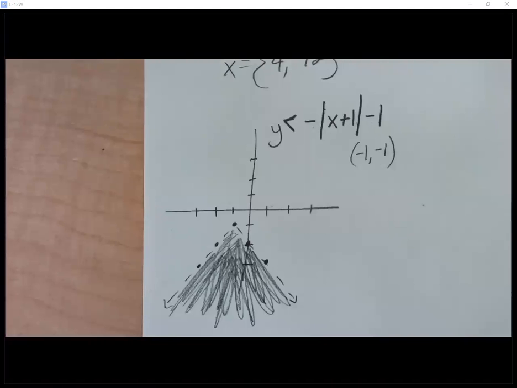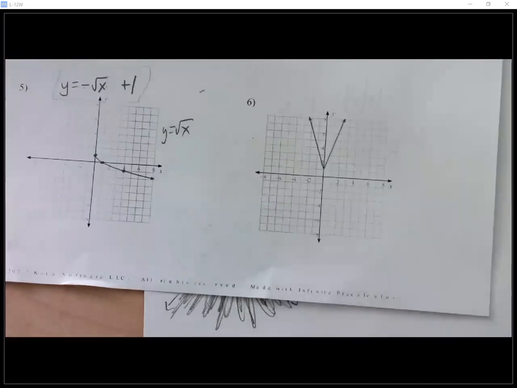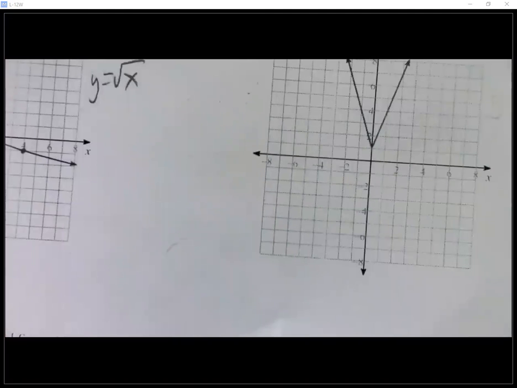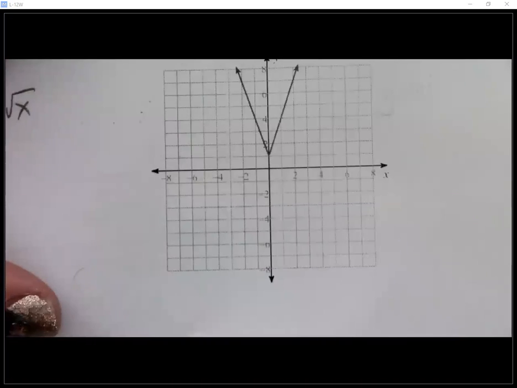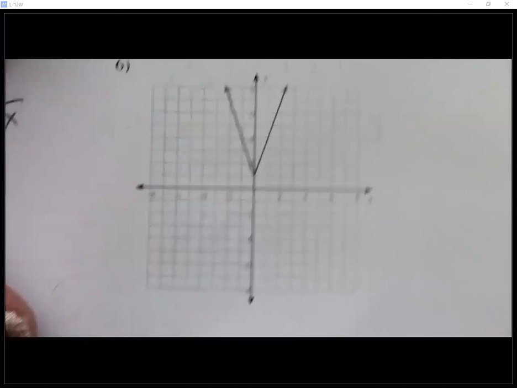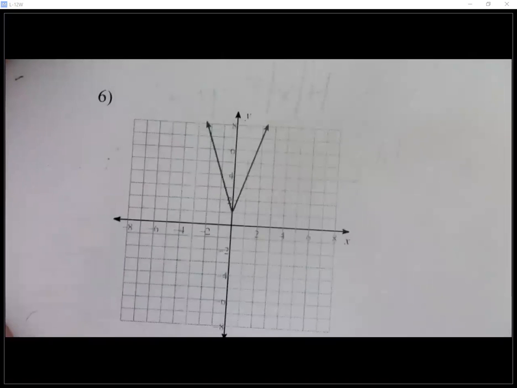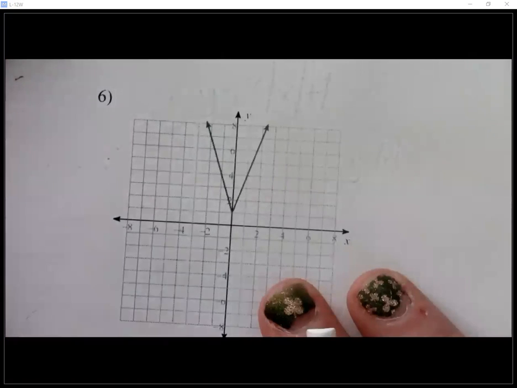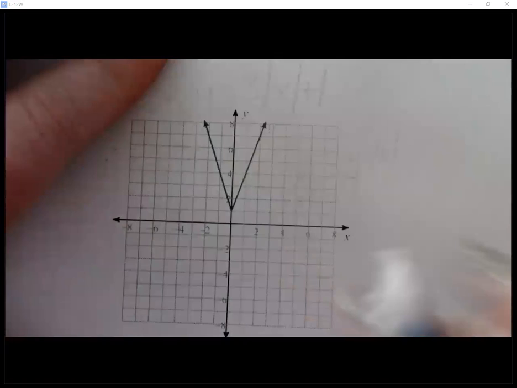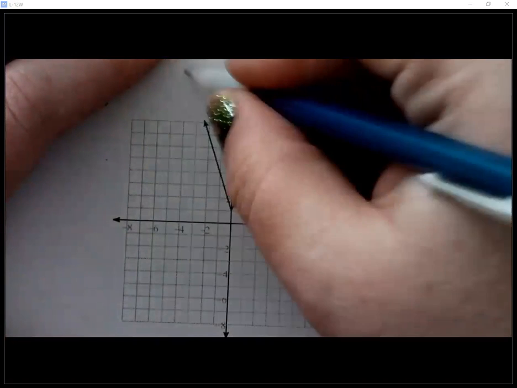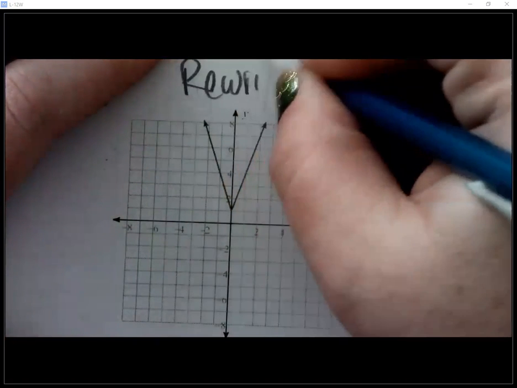If I gave you a graph like this one, this is just number 6 from the homework last night, but let's pretend that my instructions were different. If I said, rewrite this as a piecewise function, can you do it? Let's try it. Rewrite as a piecewise.